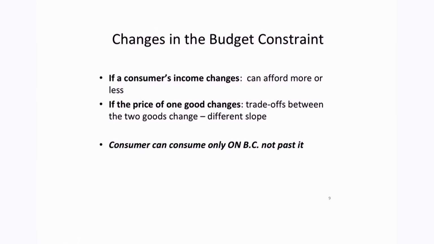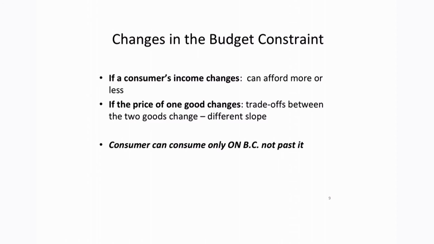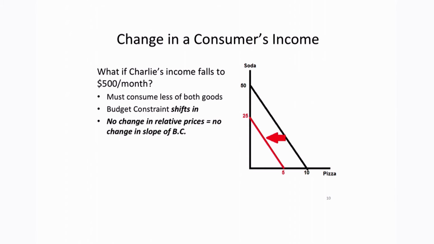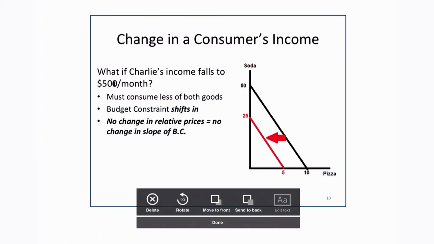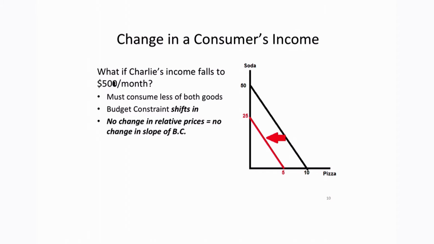Now, we will experience two types of changes in the budget constraint. First, if there is a change in income, and secondly, if there is a change in the price of one of the goods. So for example, if Charlie's income falls to $50 per month, what does that mean for his consumption of pizza and soda?